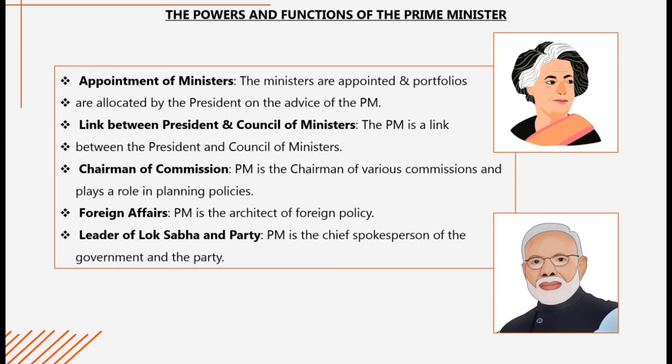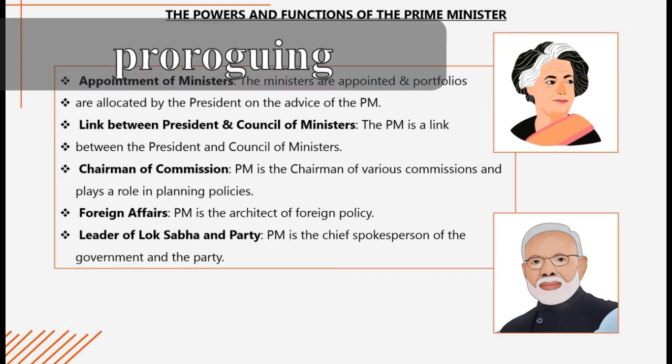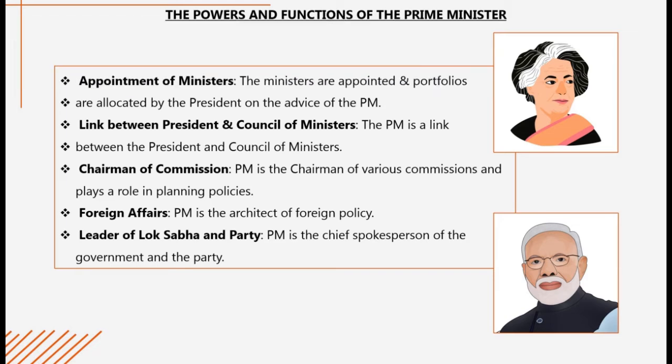Fifth, Leader of Lok Sabha and Party. A. The Prime Minister advises the President on the summoning and proroguing of the sessions of Parliament. B. The Prime Minister can recommend the dissolution of the Lok Sabha to the President.